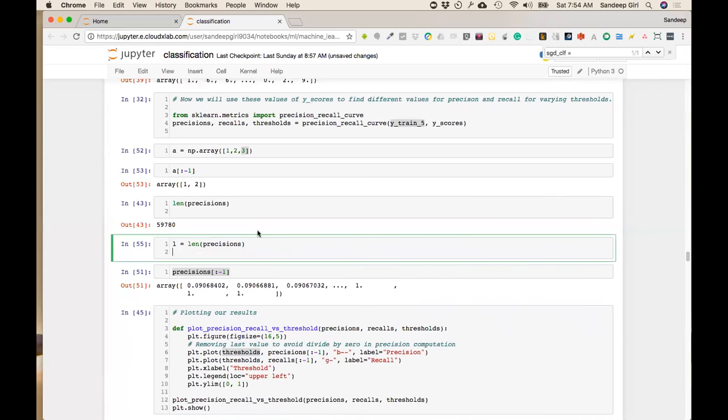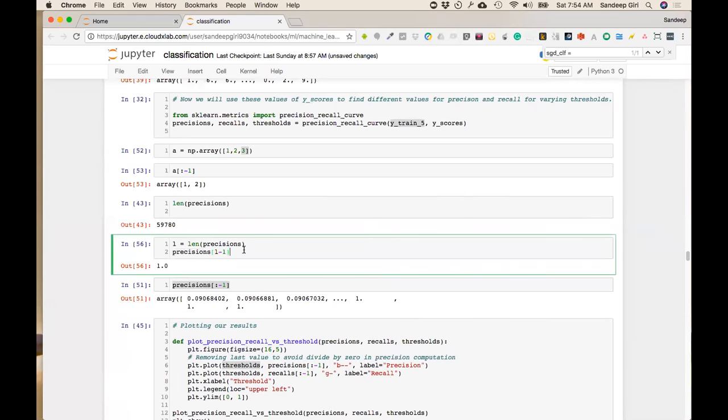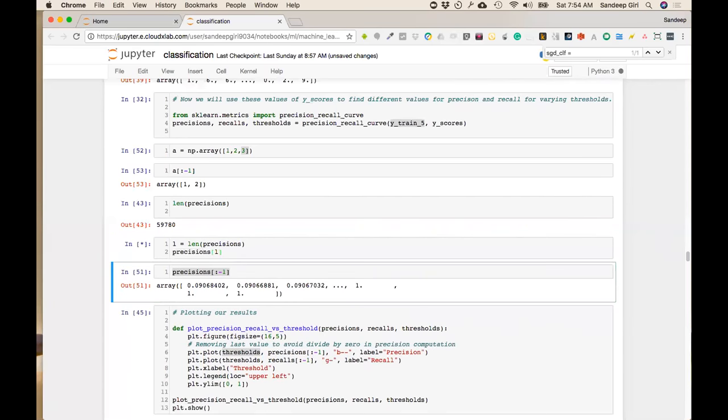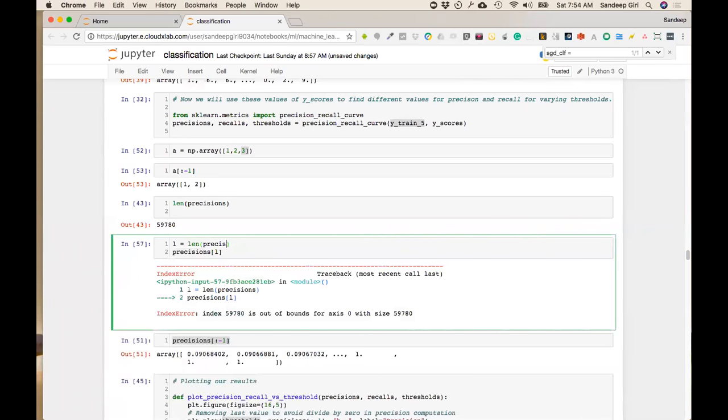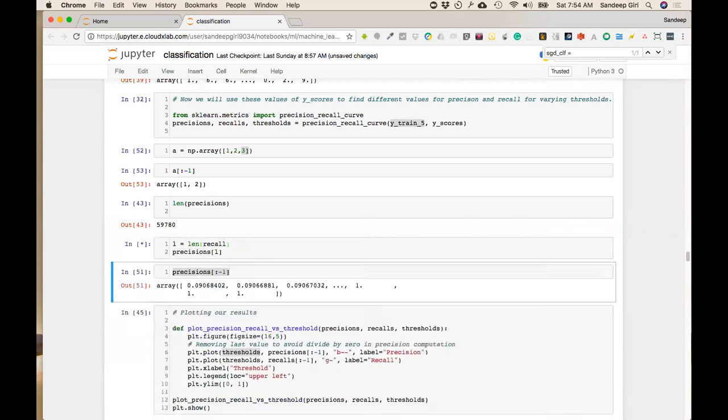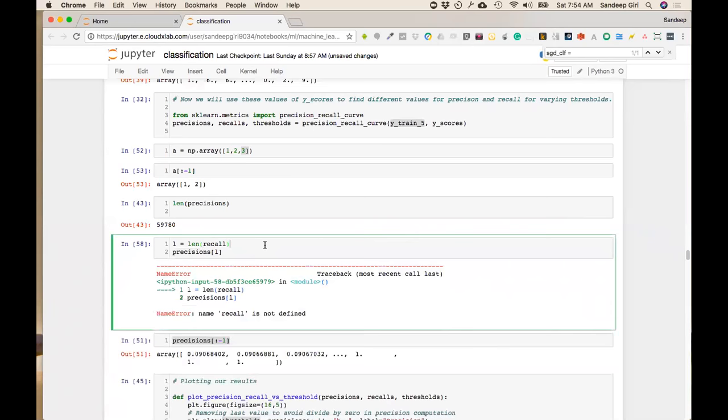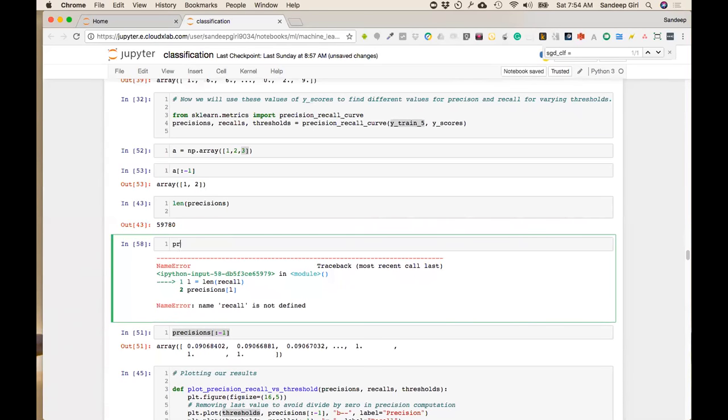If I say precisions and I say L minus 1, let me just show you, print.